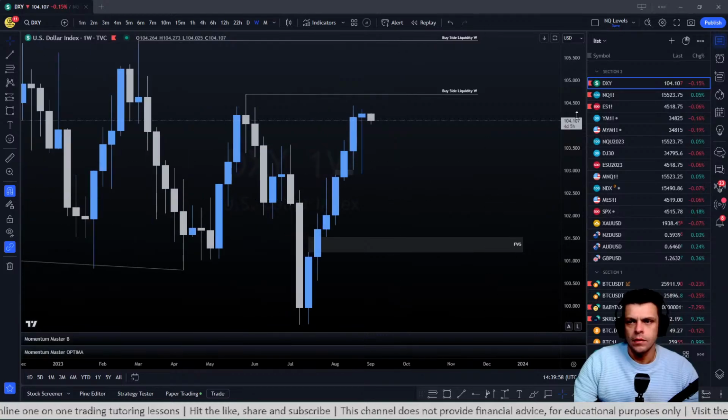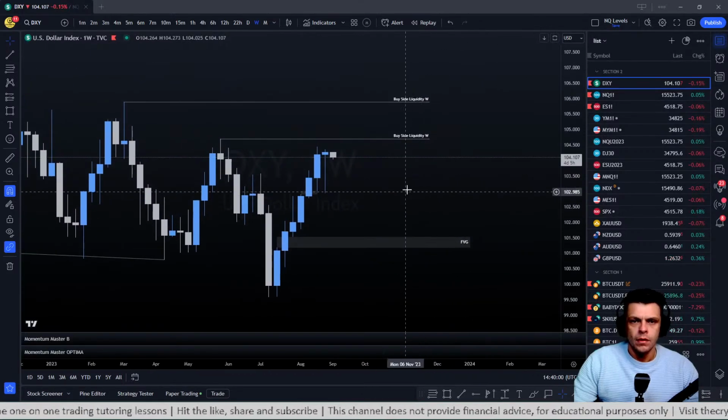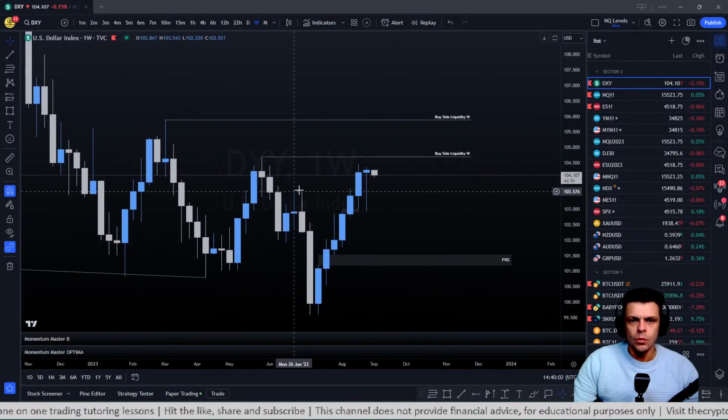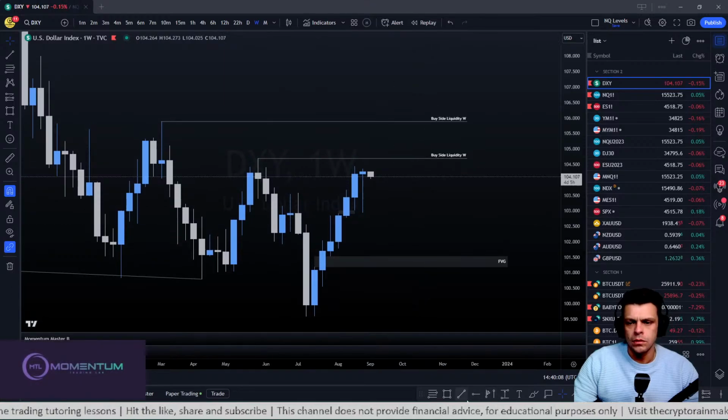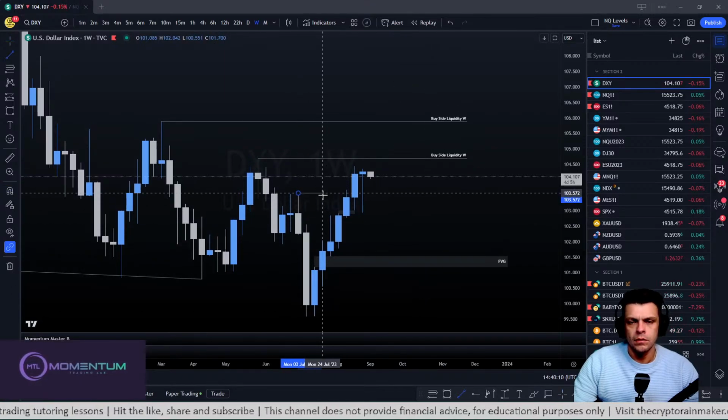Okay, we also had a high right there, so technically this is a high. We have a lower high on either side of the candles, so this has been taken.